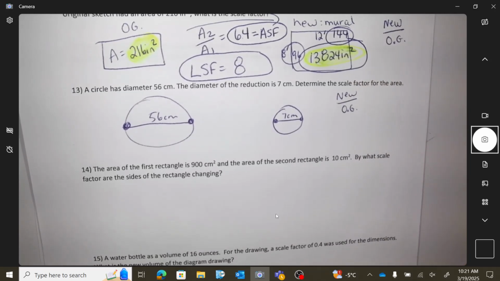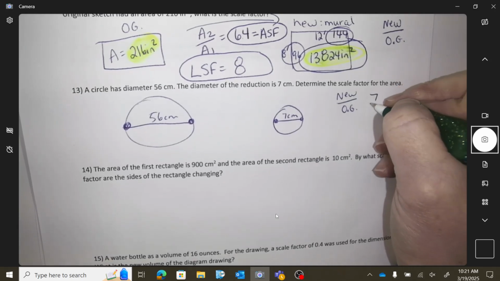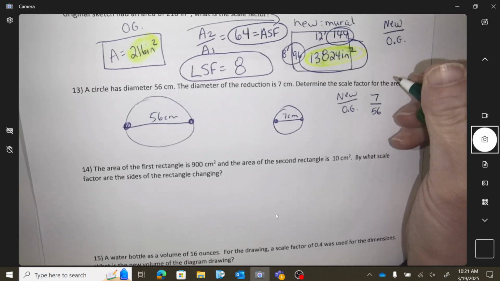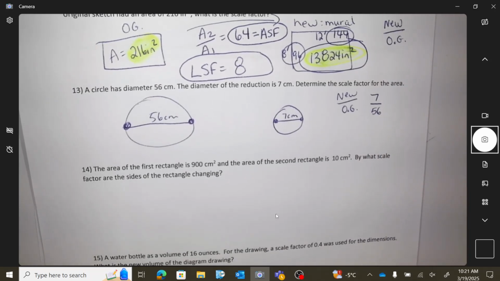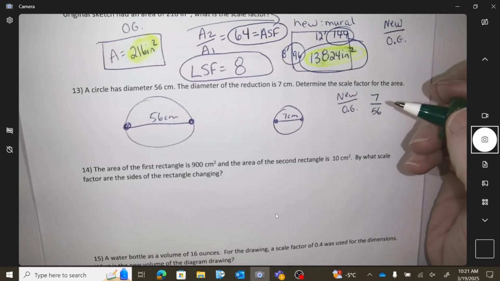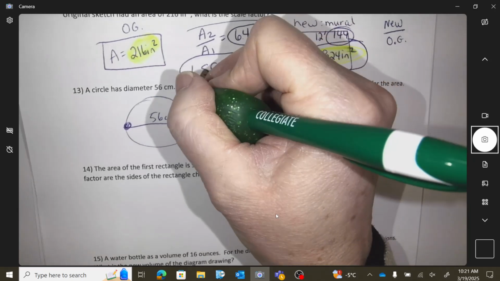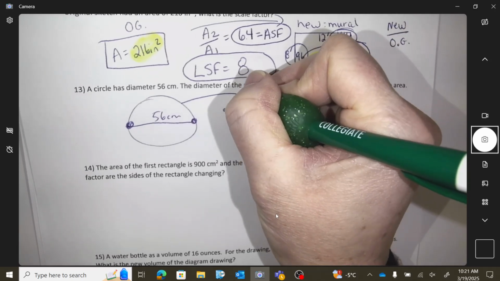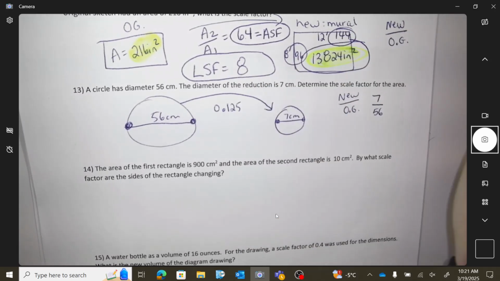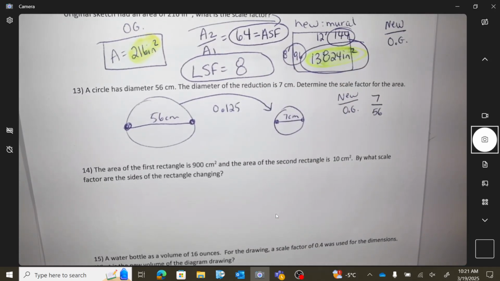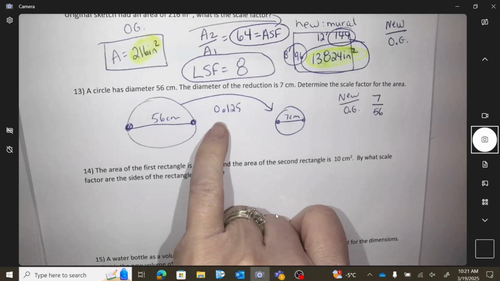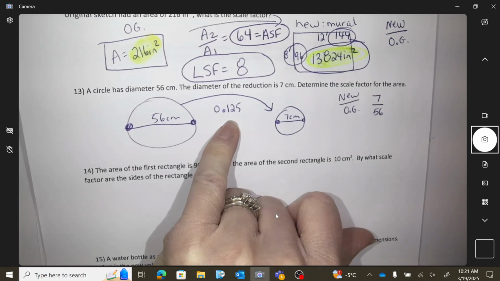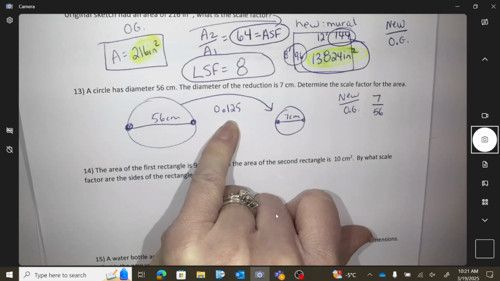That's the plan. That's the usual idea. So 7 divided by 56. That's my scale factor. I reduced. So my scale factor is 0.125.